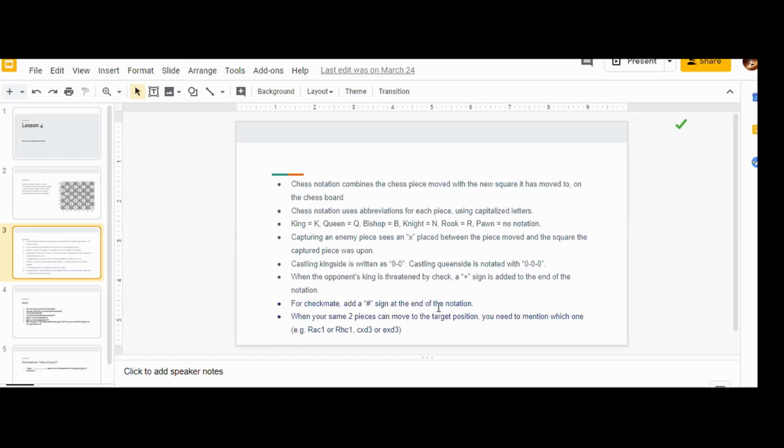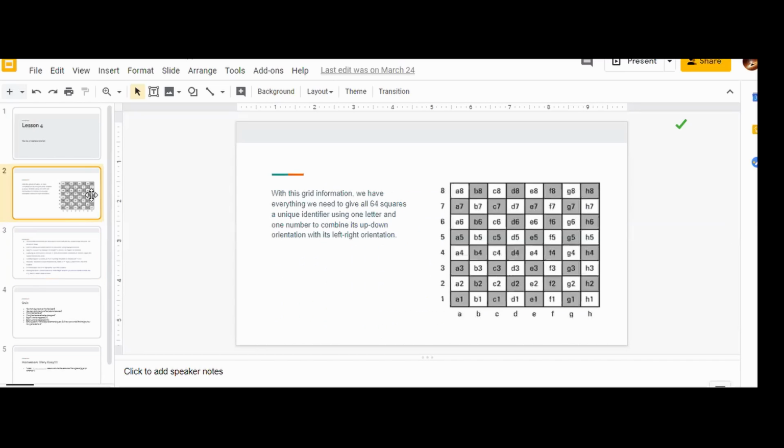Capturing an enemy piece sees an X between the piece moved and the square. So going back to this example, if there's a pawn on F5 and the knight moves there and takes the pawn, it'd be NxF5, okay? Like here, exactly.